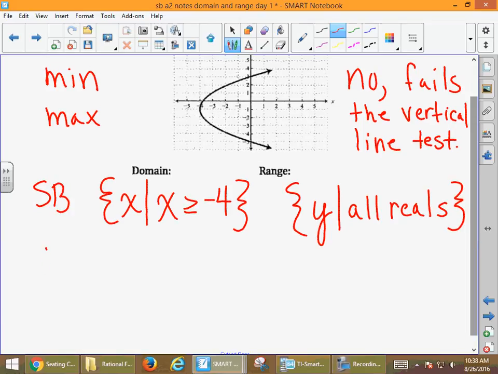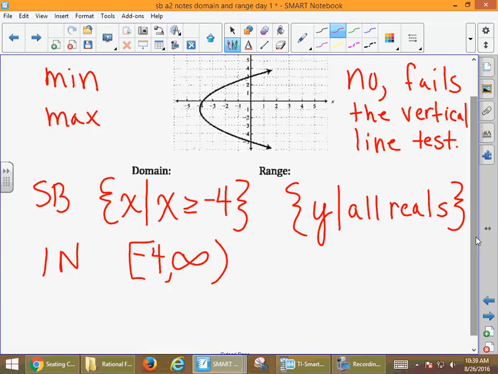But when we go back to interval notation, and this one, remember, we're going to start at -4, but we're going to go on forever, which we can indicate with infinity. And there's an equals, so we're going to have a bracket. And lastly, how do we designate something as all reals?